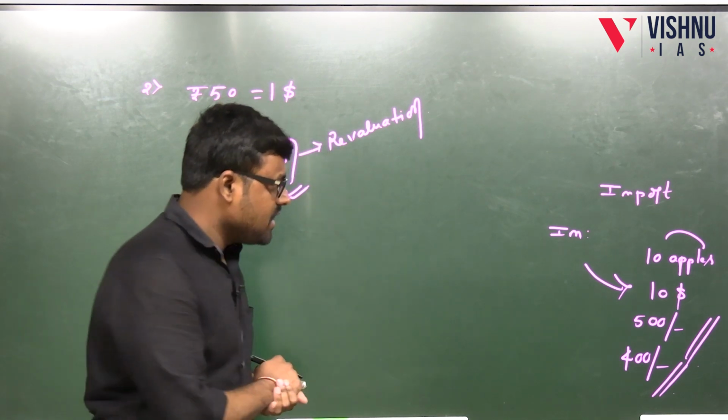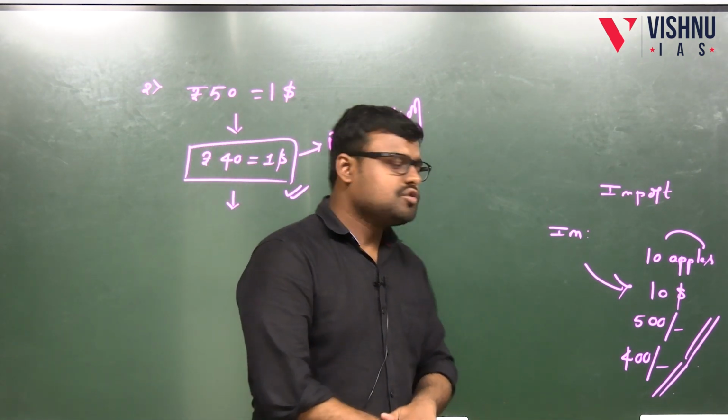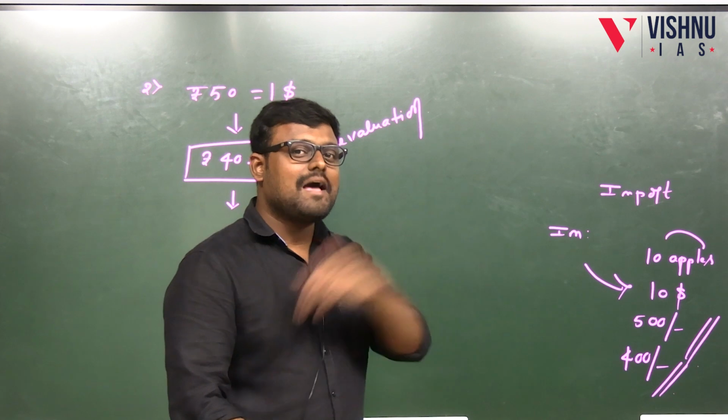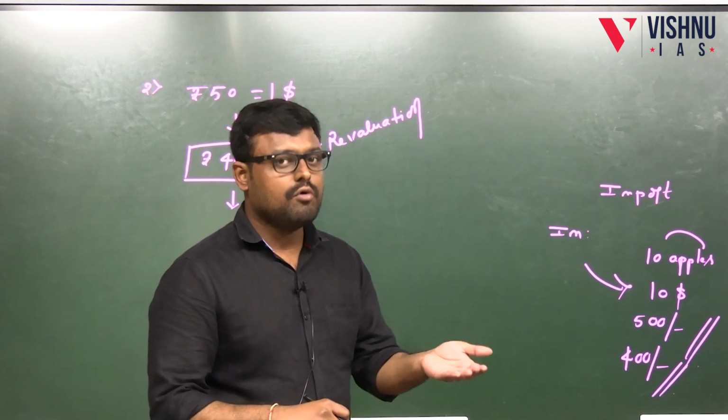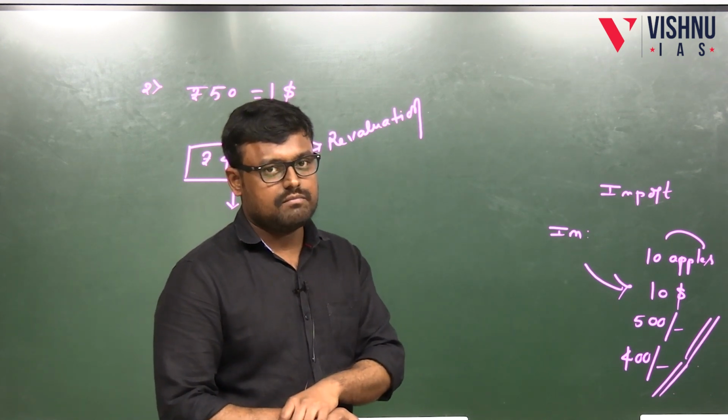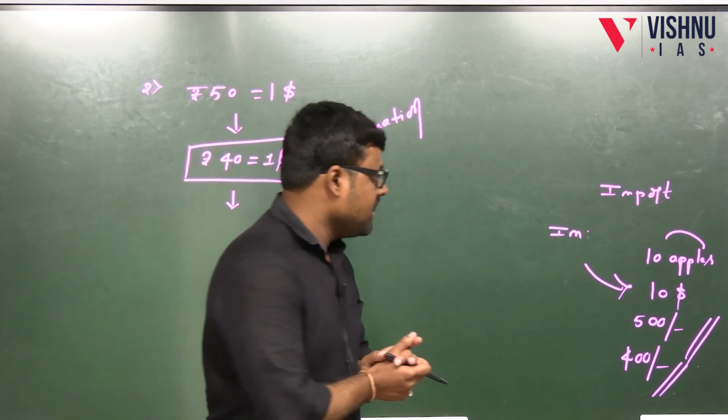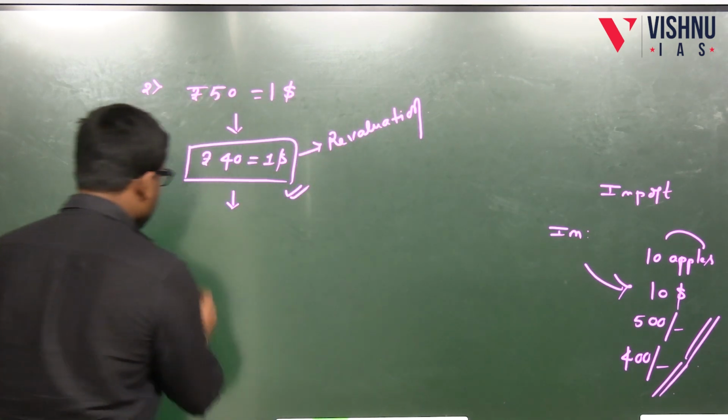Now come to this topic. The importers are very happy, so they may purchase 2 more apples from the USA. They may import 2 more apples from the USA. Obviously, therefore, the imports will increase.